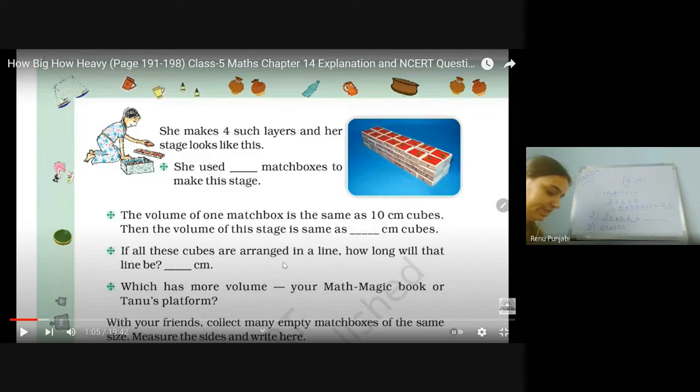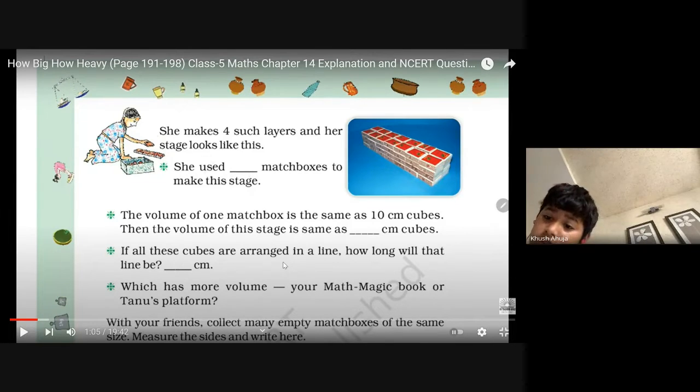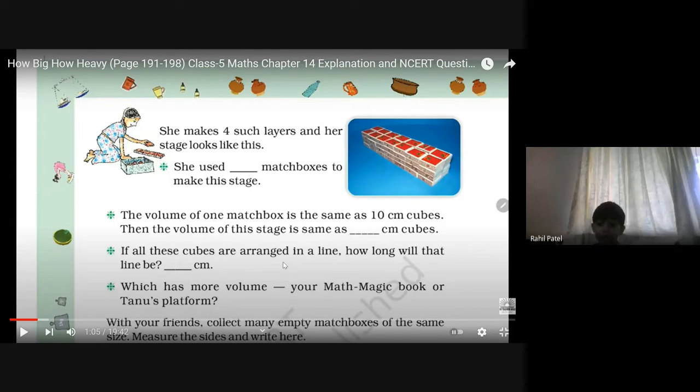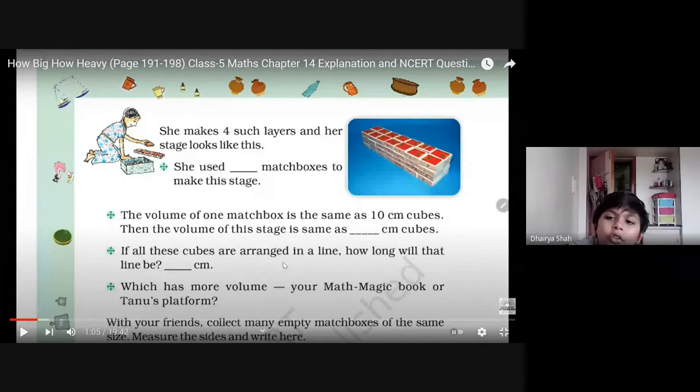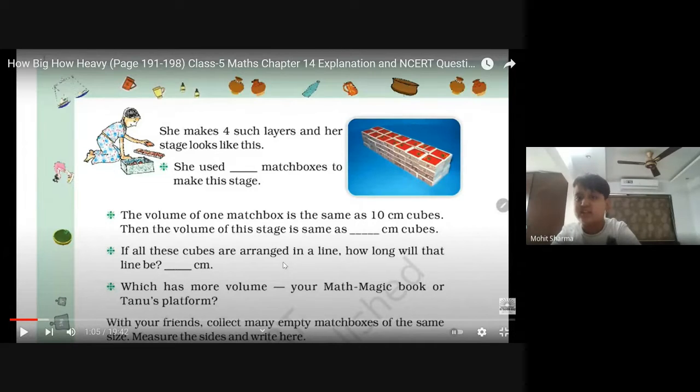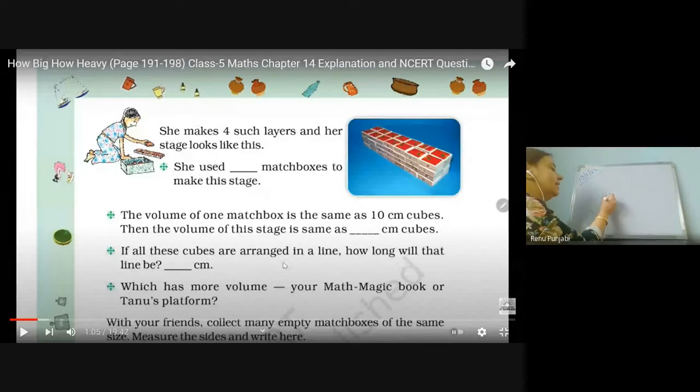She used 56 matchboxes. If she has taken 4 layers, how many matchboxes will she have? 14 is in one layer, and there are a total of 4 layers. So 14 multiplied by 4 is 56 matchboxes.